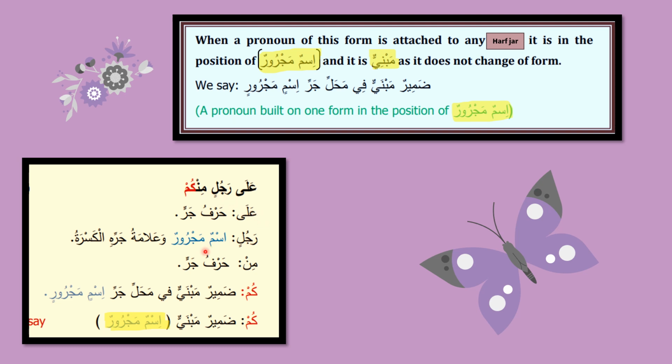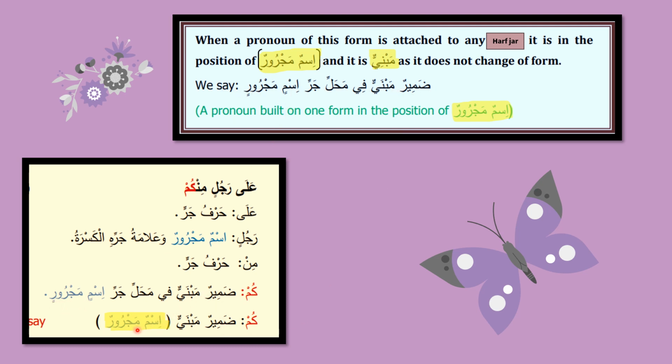So for the beginners, or if you don't know too much about Arabic, how to say in Arabic, for now you can only say rajulin ism majroor. Min, again it's a harf jar, and the attached pronoun kum, here you will explain damirun mabniyun fi mahalli jar ism majroor. So it's the same sentence here, you have to repeat.